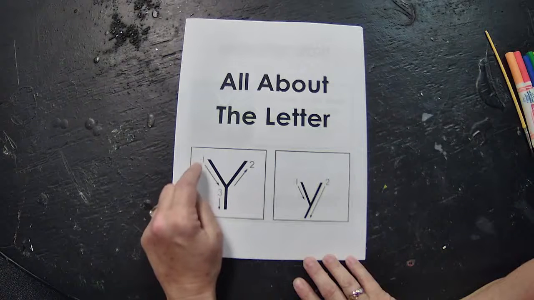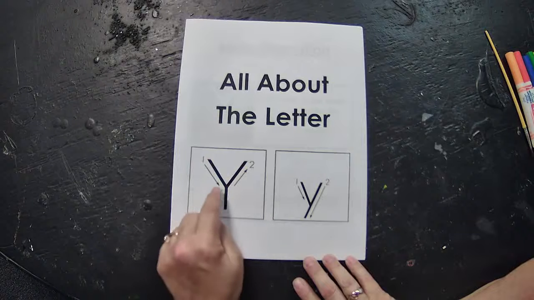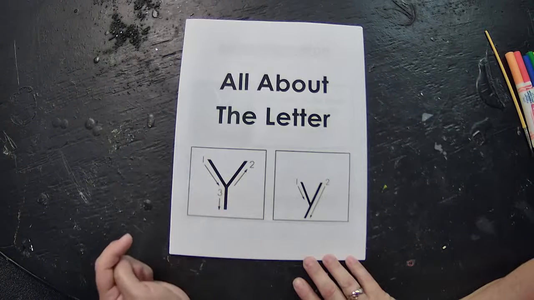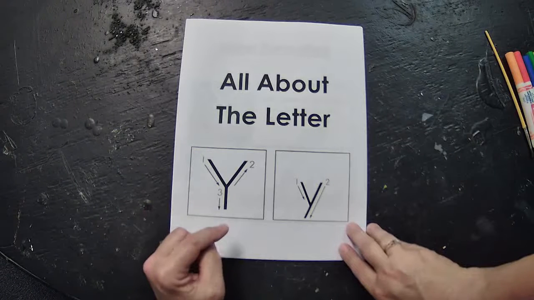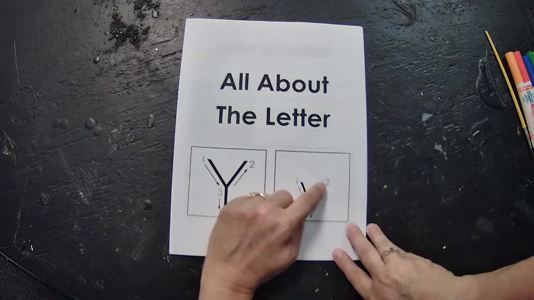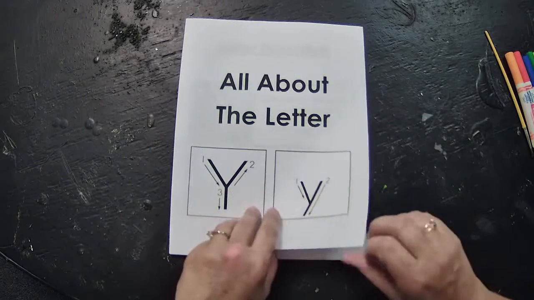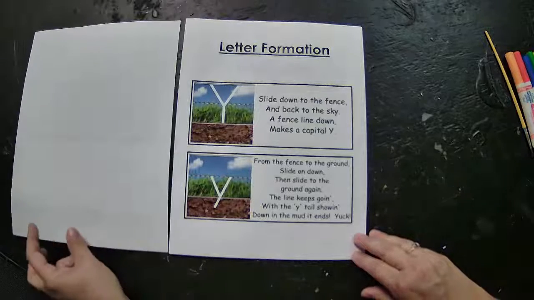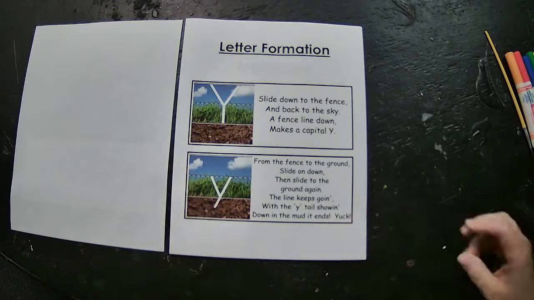Kind of looks a little bit like a V. 1, 2, right there. And then the stick down 3. Okay. Now for a lowercase y, there are 2 lines that make up a lowercase y. 1, 2.